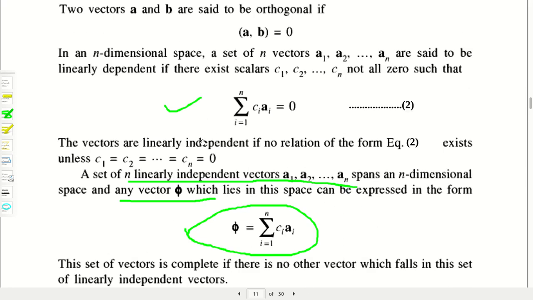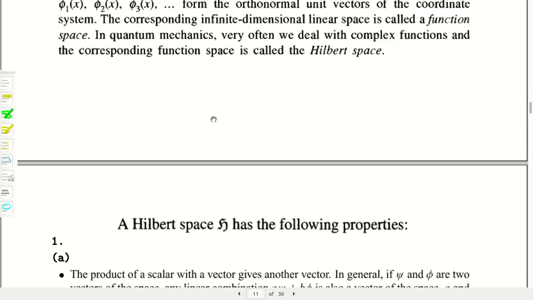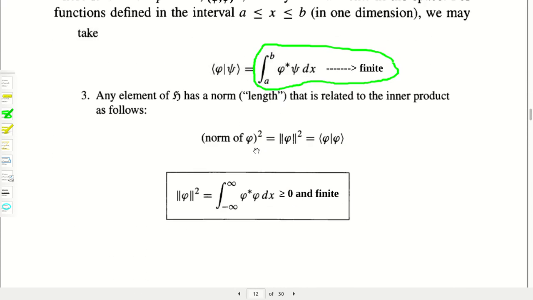Here the norm a comma a is the sum over i from 1 to n of ai star into ai, and in Hilbert space the norm of a function is defined similarly as phi star phi, that is mod phi square. In another notation, phi comma phi can be written, or the bracket notation, the left-hand bracket and right-hand bracket notation, which I will come to.